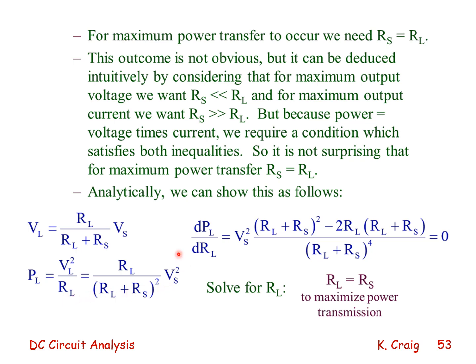And it equals this expression just from substitution. Mathematically, we know we have a maximum if I take the derivative of this power with respect to the load resistance and set it equal to 0. If I then solve for the load resistance, I see that the load resistance will equal the source resistance to make this equation equal to 0. And this will maximize power transmission.